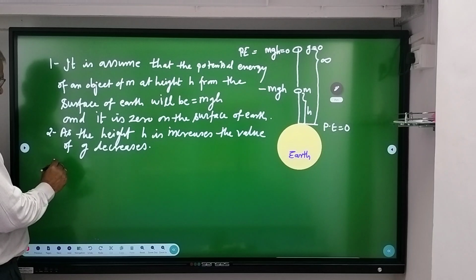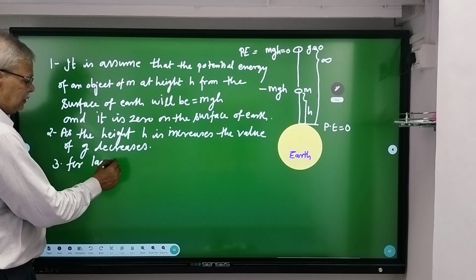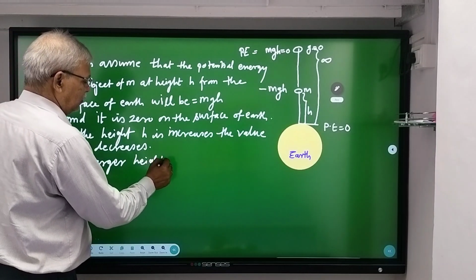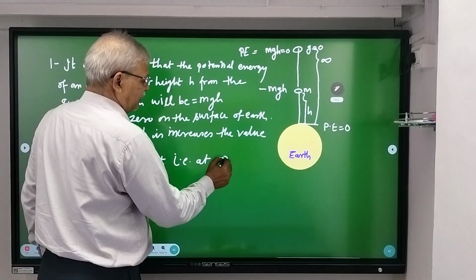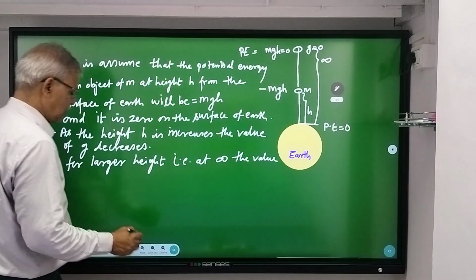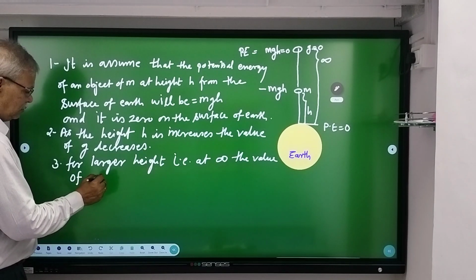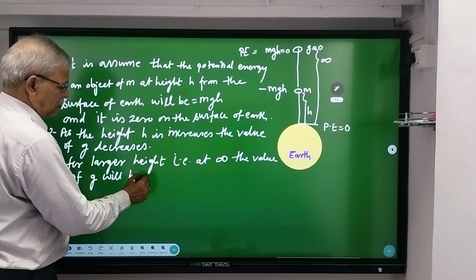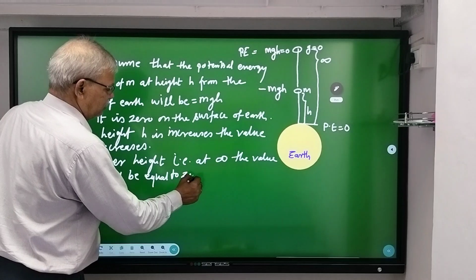Now the third, for larger height, that is at infinite, the value of g will be equal to 0.